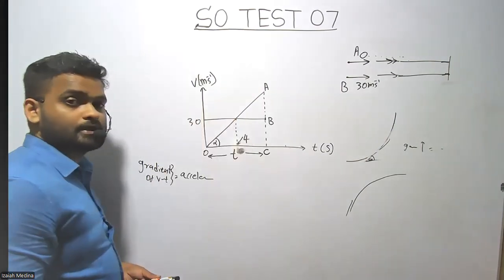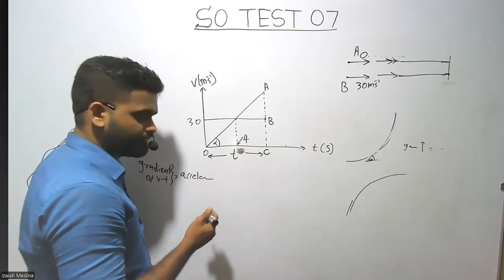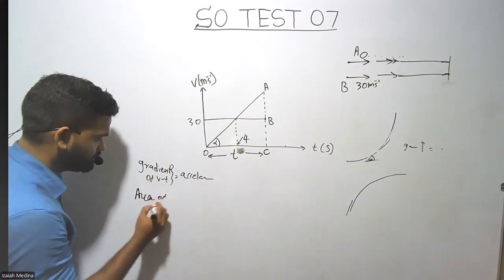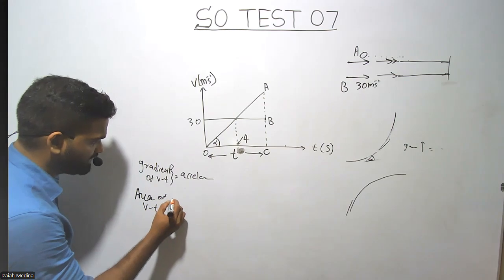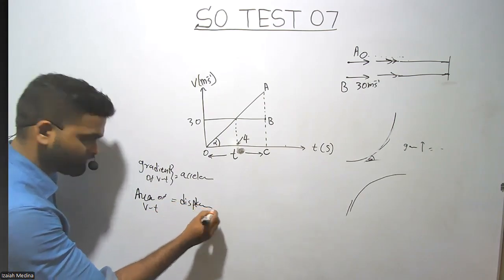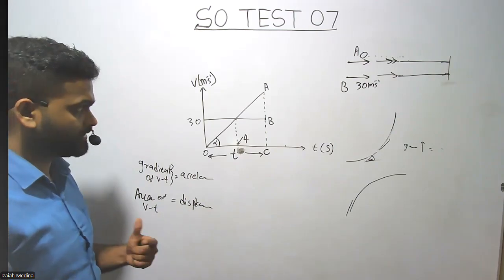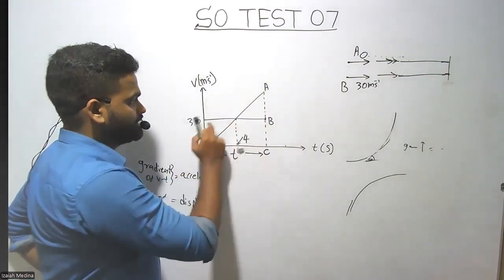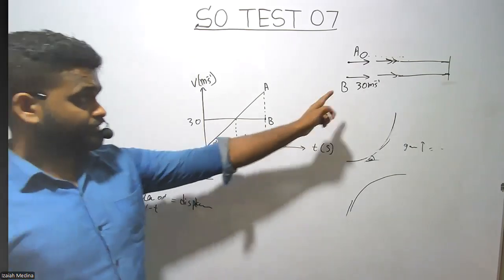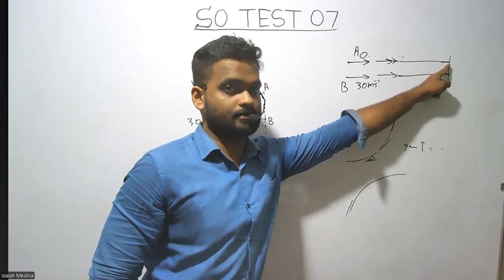Here what is useful is to get the area of the VT graph. I think everyone knows this. The area of a VT graph gives us displacement, right? So this is graph A, this is graph B. If A passes B somewhere here, what should happen?